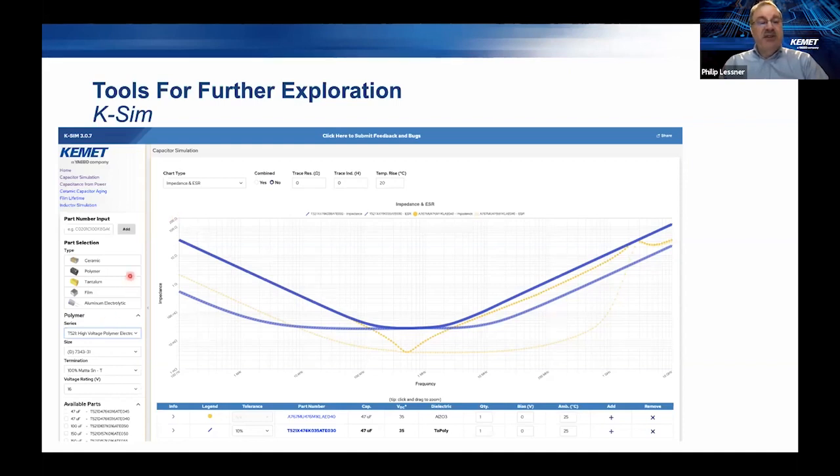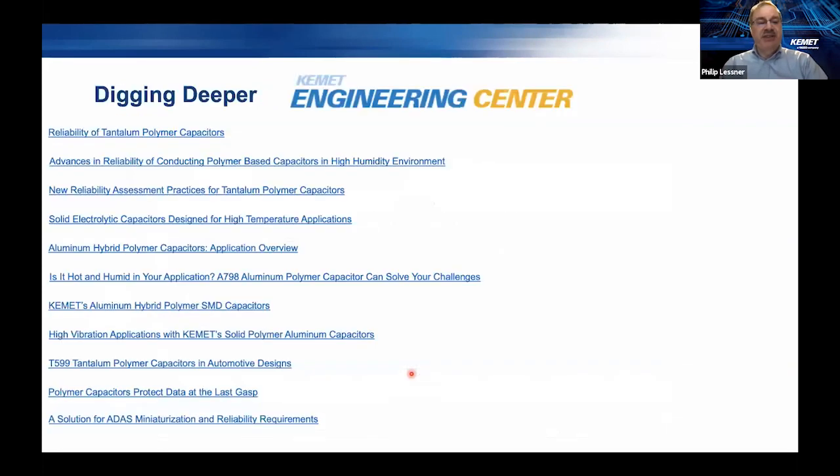So that's also a tool where you can compare different series. So shown here, one of the tantalum polymers and the wound aluminum polymer that I showed on the previous page, and you can look at the impedance and ESR versus frequency. You can also find the self-resonant frequency and other electrical parameters to get a better idea of the detailed electrical performance of these capacitors in the application.